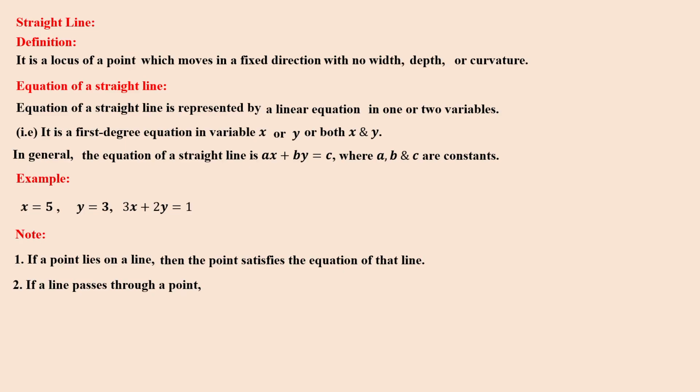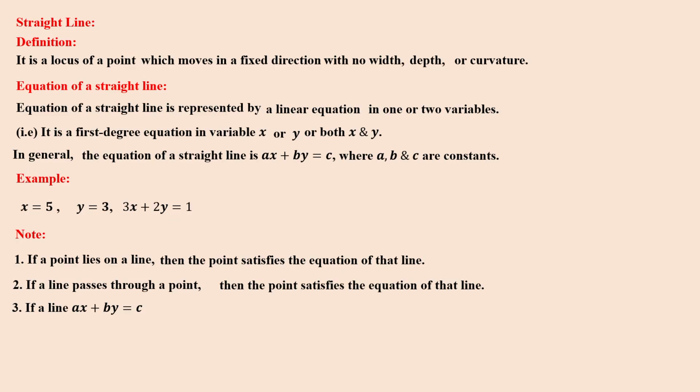Substitute x equal to 1 in that equation, so 3 into 1 is 3, plus y equal to minus 1, 2 into minus 1 is minus 2. 3 minus 2 is equal to 1, which is the right hand side of the equation. So it satisfies the equation of the line. Second, if a line passes through a point, then the point satisfies the equation of that line. If a line passes through that point, that means the point lies on that line. Same idea.